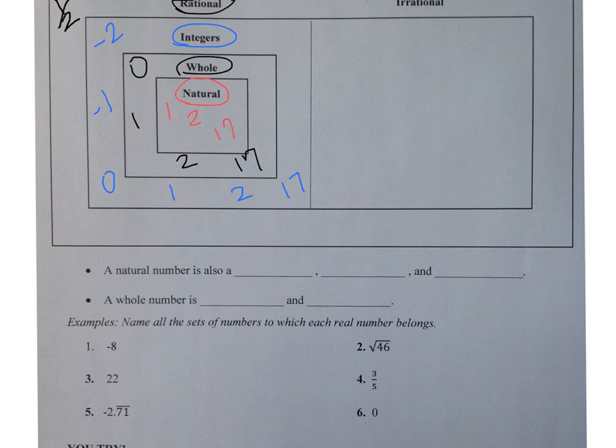They include percents, such as 25%. They include decimals that end, and decimals that repeat, like 1.6, and we'll say 1.7 repeating. They also include perfect squares, like the square root of 16. That equals 4. It also includes your integers, like -1. It includes 0. And it includes positive integers like 1 and 2.